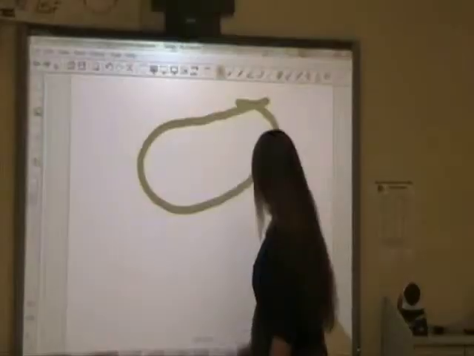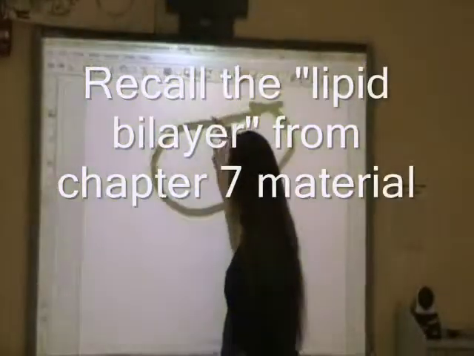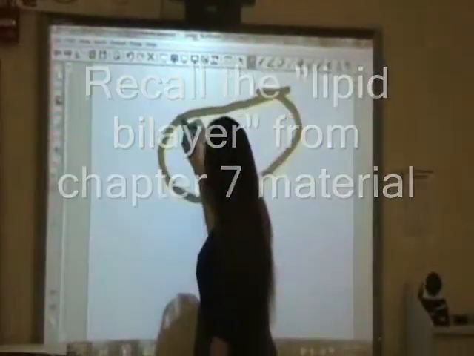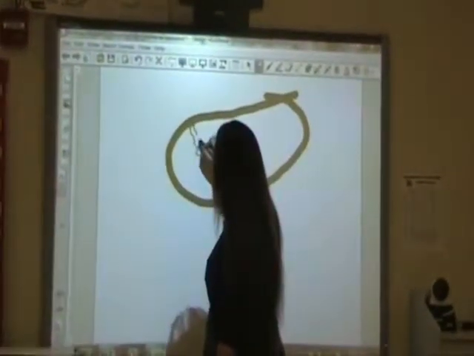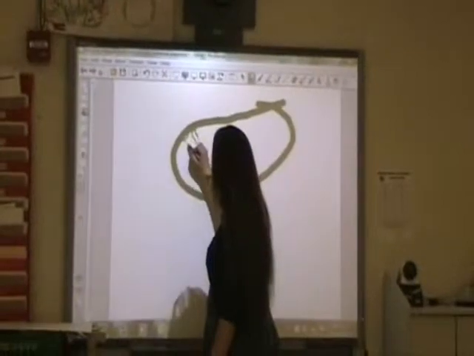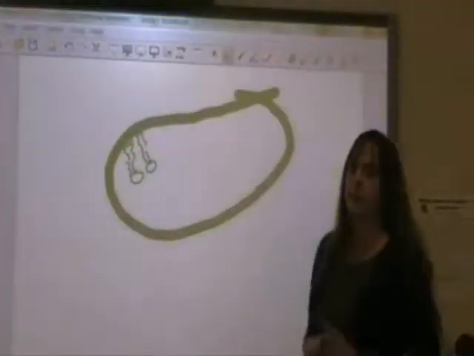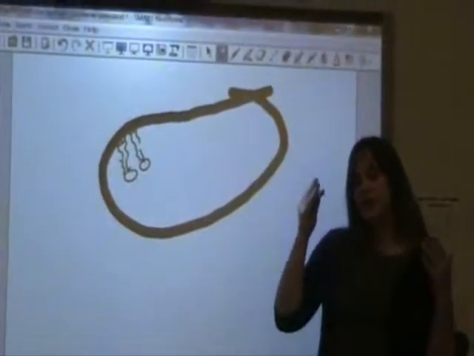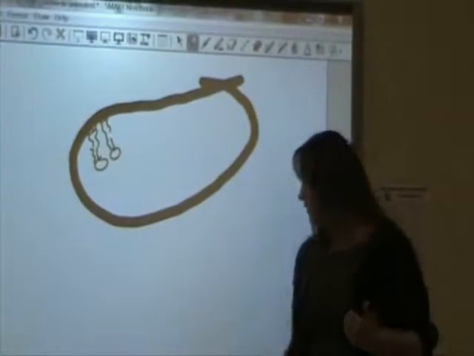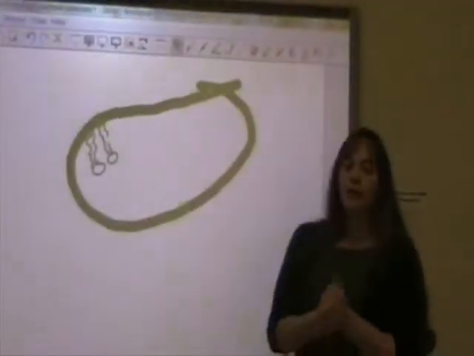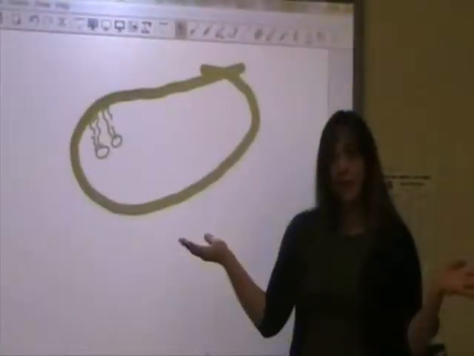This section here is actually a double layer, a phospholipid bilayer, just as we always have. And what the thylakoid actually does is arrange the photosystems in the electron transport chain in order to make some energy for the plant and for everything on Earth.